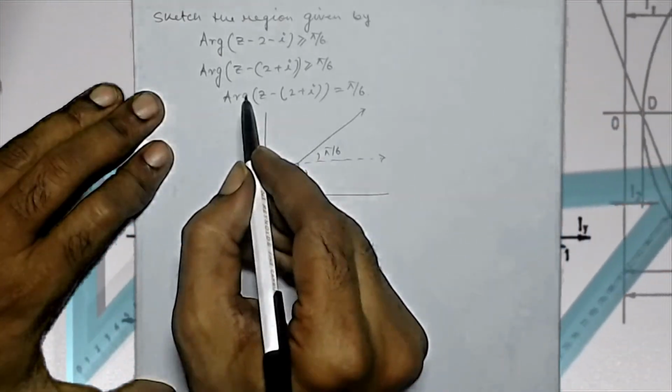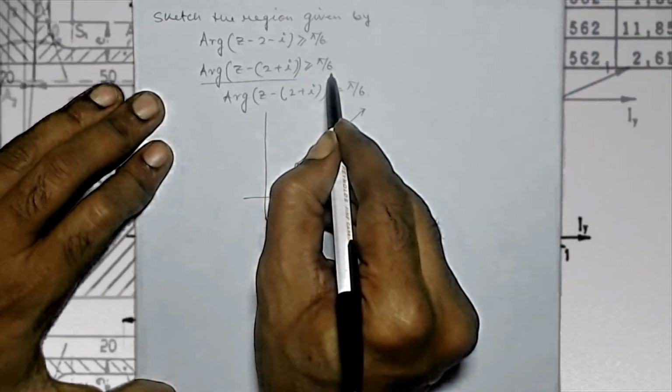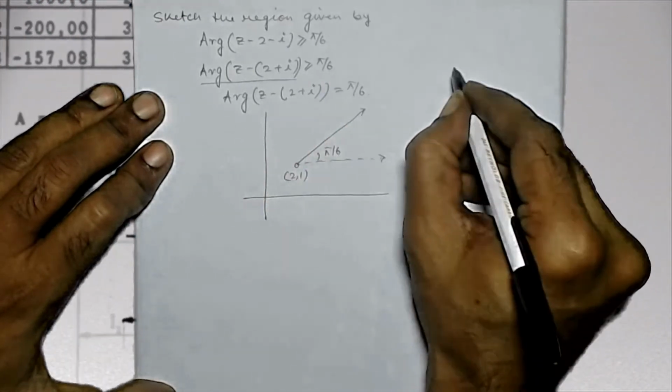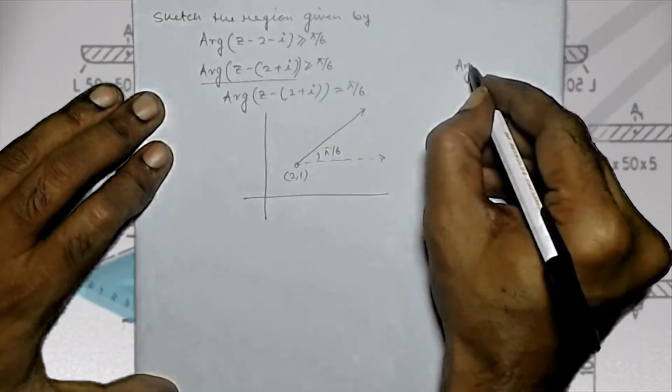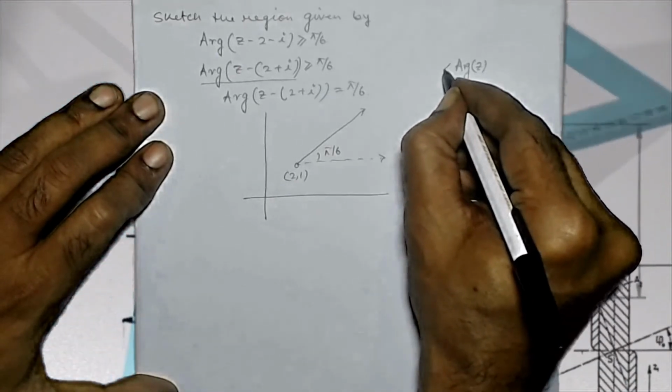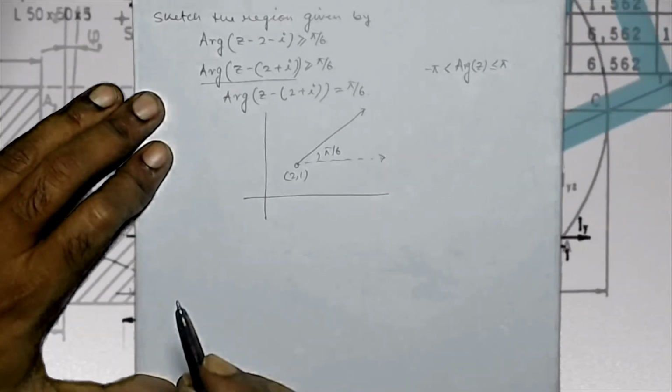Now it has been said in the question that the argument of this is greater than equals to pi by 6. We know from the principal argument, arg of z always lies between minus pi and pi. Okay?